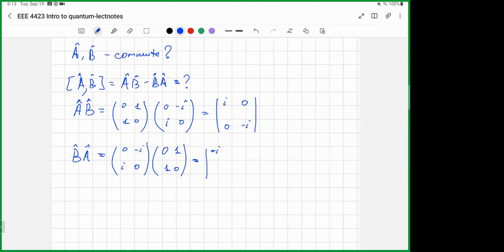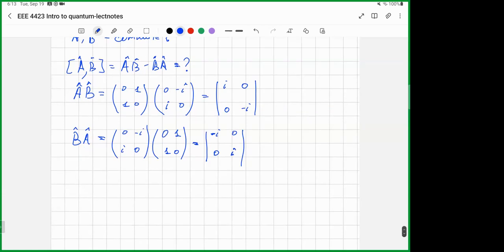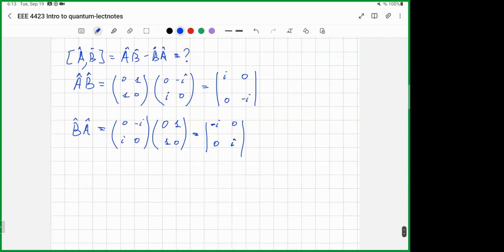Then 0 times 1 plus minus I times 0 is 0. I times 0 plus 0 times 1 is 0. And finally I times 1 is I. And so we see that the result is different. So A times B doesn't equal B times A.